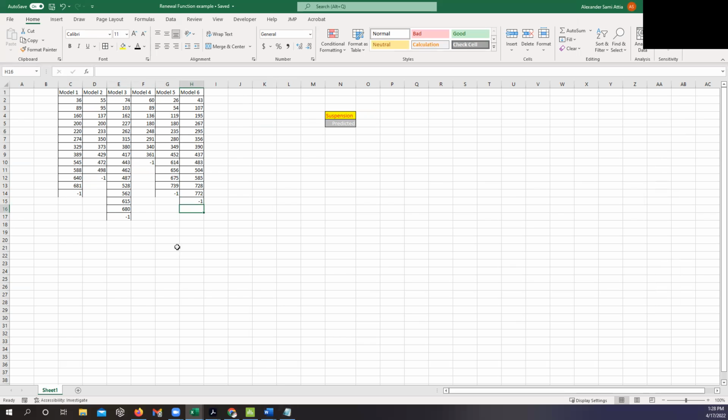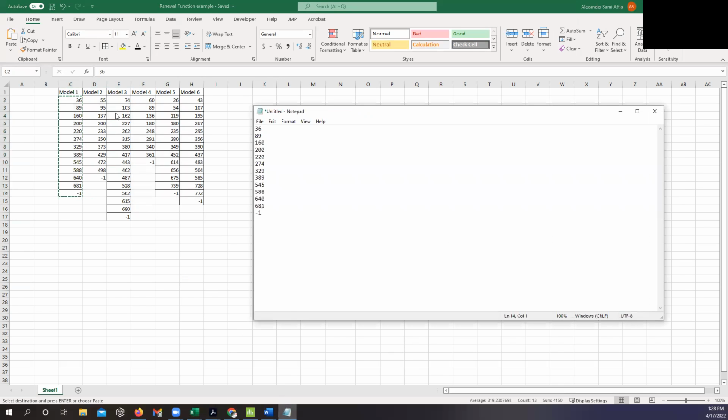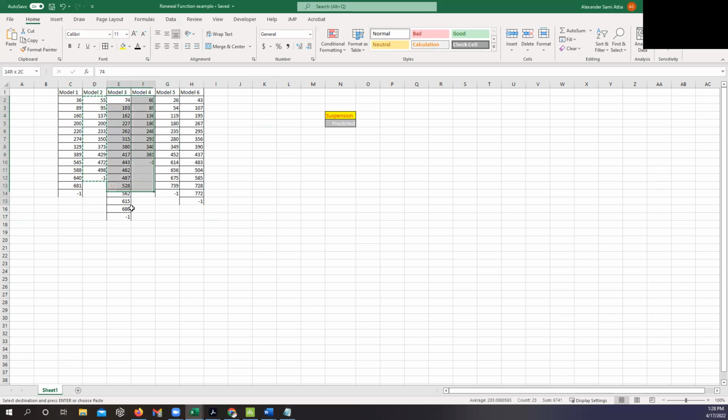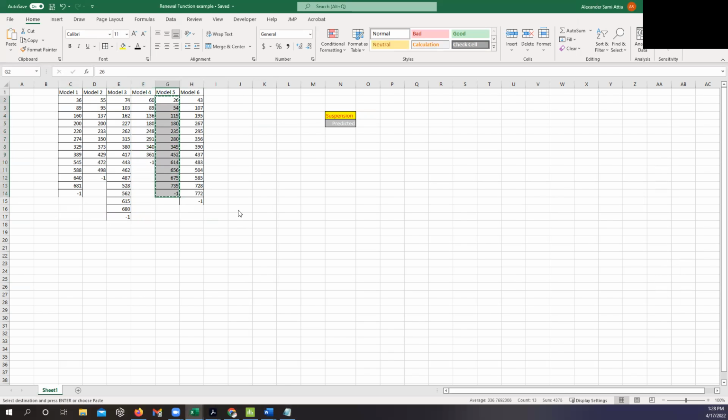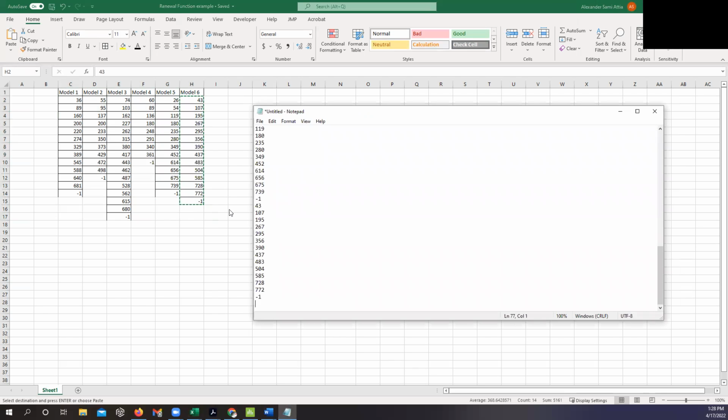And now, if you like to enter your data vertically, you just copy. You don't have to do anything because the -1 is already here for you. Here we go.